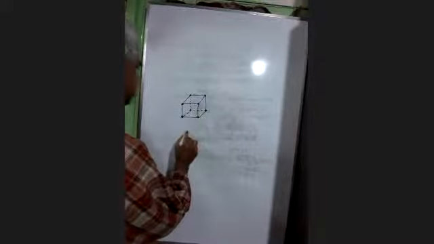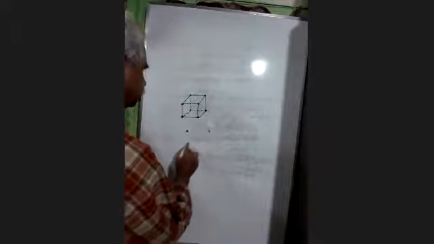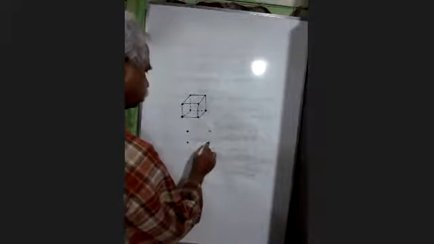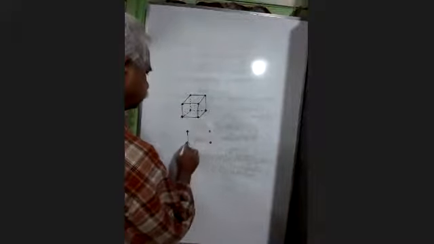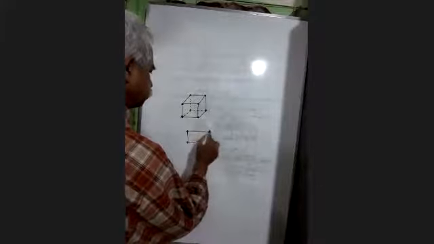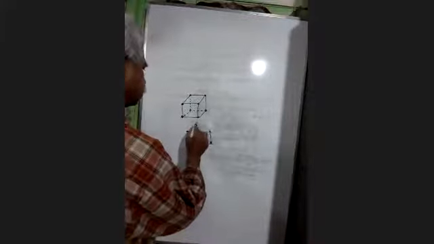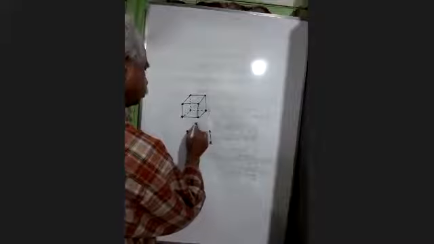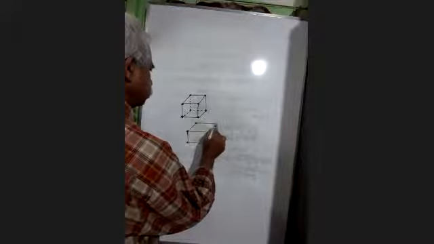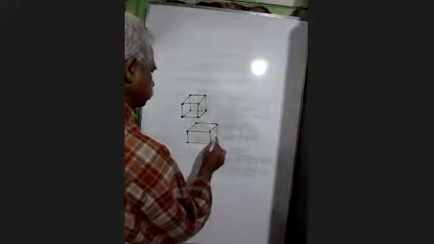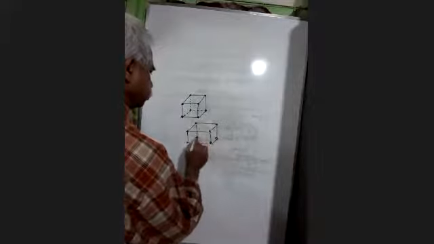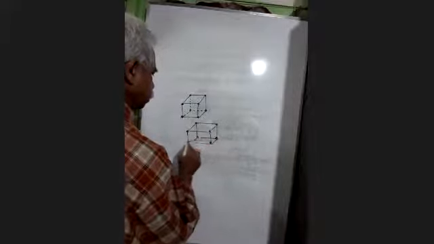Here length may be anything, angle may be anything. See here, with the same type of thing, if the distances are more, okay, what will happen now? So this is also a unit cell.